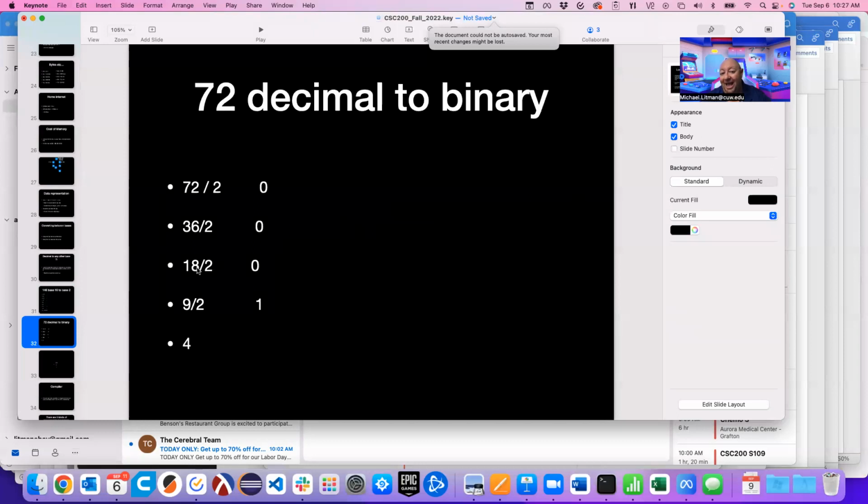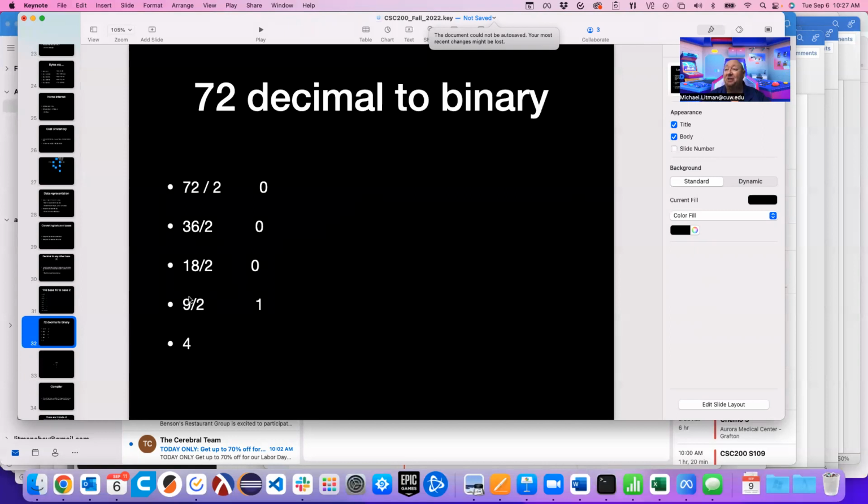All right. So that's why 18 divided by 2 was 9, remainder 0, because 2 goes into 18 9 total times with nothing left over. 9 times 2 is 18, so we don't need any extra to get to 18. 2 goes into 9 4 times. 4 times 2 is 8.